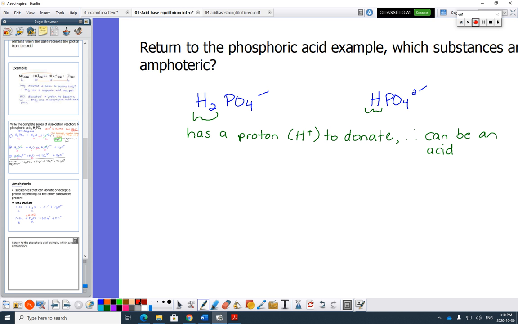It's got a negative charge, which means it loves positives, so it can also be an acceptor.